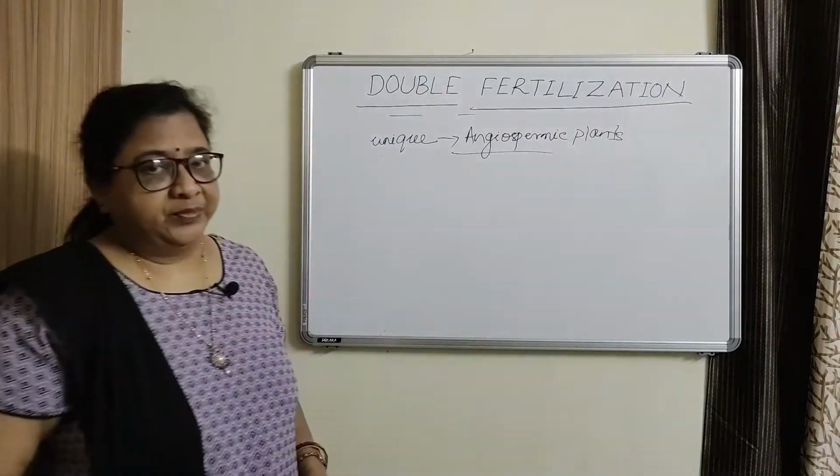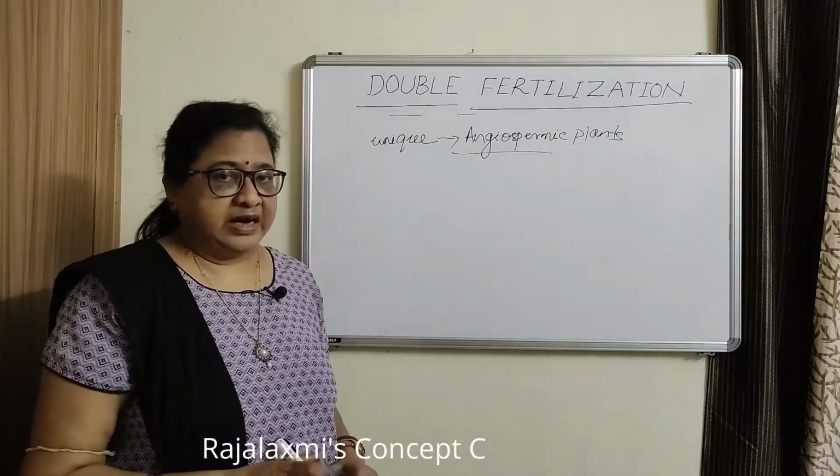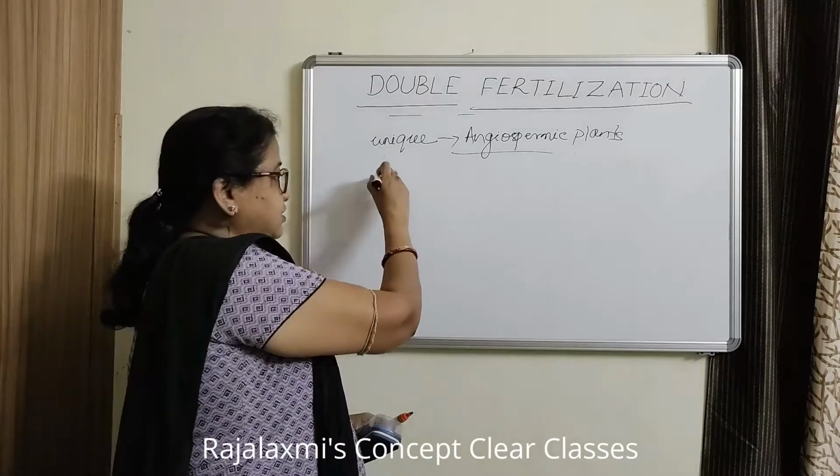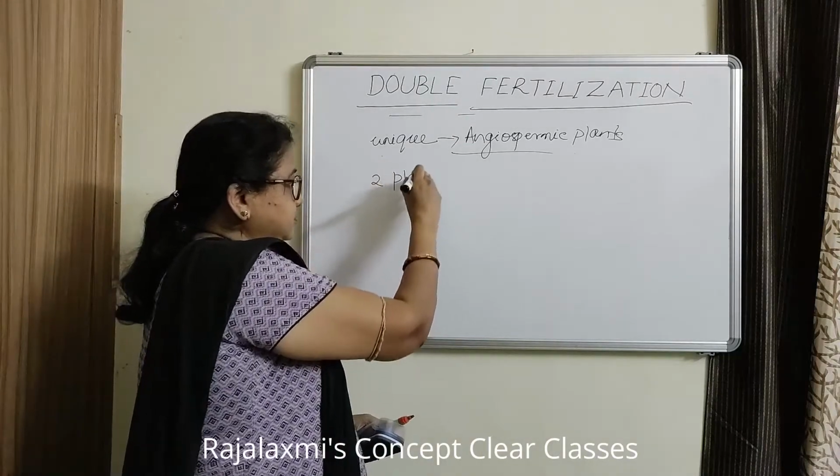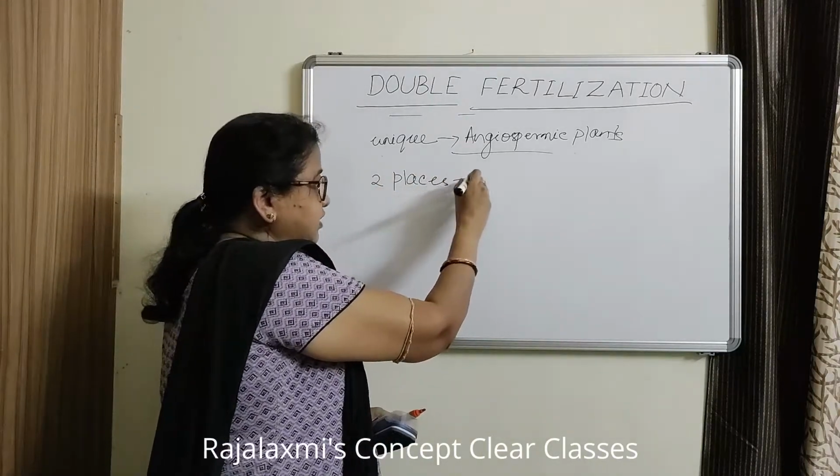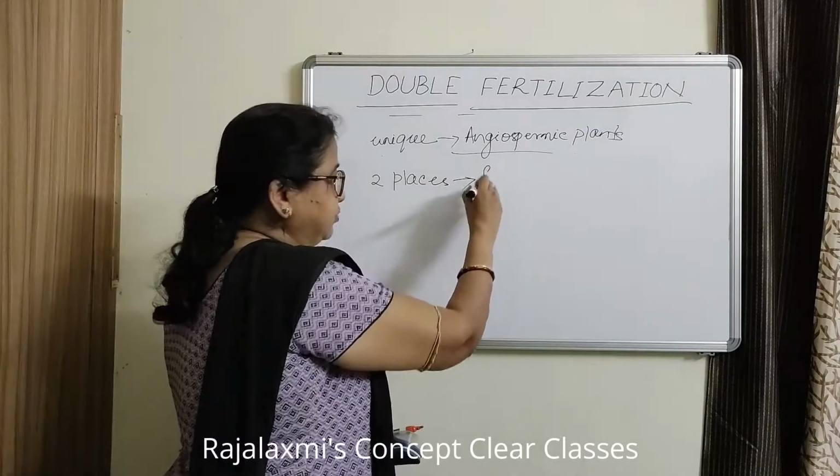In this case, fertilization occurs at two places inside the female gametophyte.